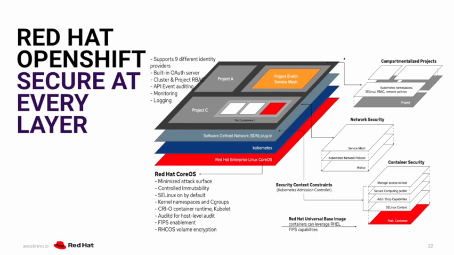It is also moving over to what is referred to as the CRI-O container runtime. This is all going more towards standards-based, as opposed to the Docker runtime and other things. Auditd for host-level auditing. You can also turn on a configuration to make it FIPS enabled, and that's for the government. So again, thinking about it from the security perspective.